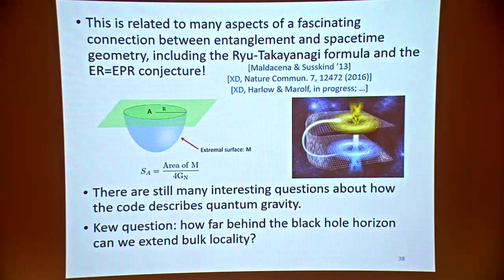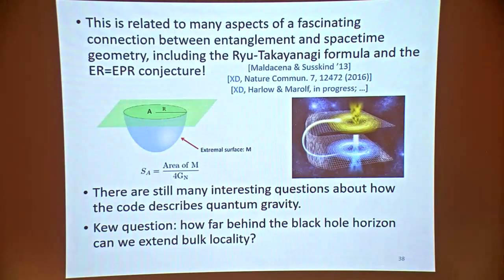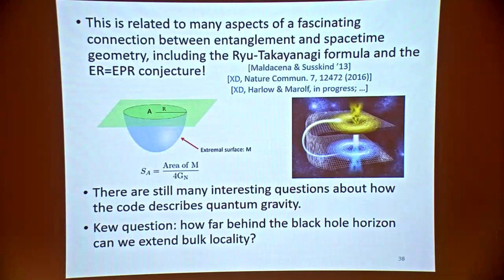I've mentioned that there is a certain sense in which we can already go behind the black hole horizon using the current quantum error correcting picture, but we'd like to push on that as far as possible. We'd like to understand what happens maybe deep behind black hole horizons.